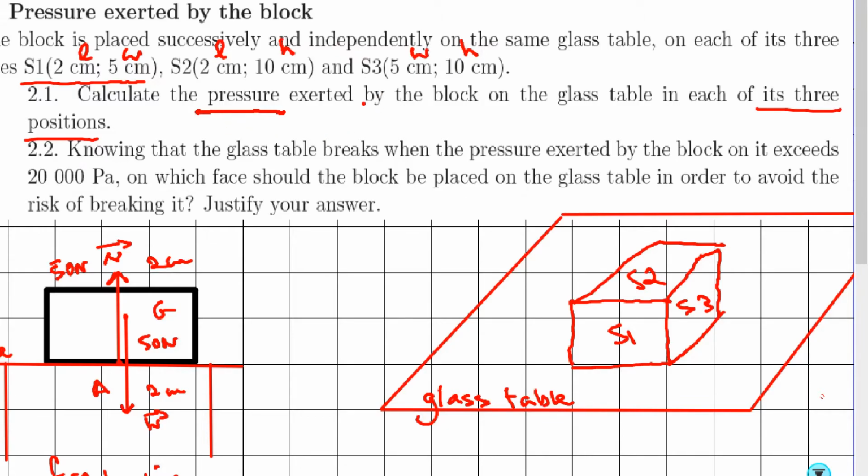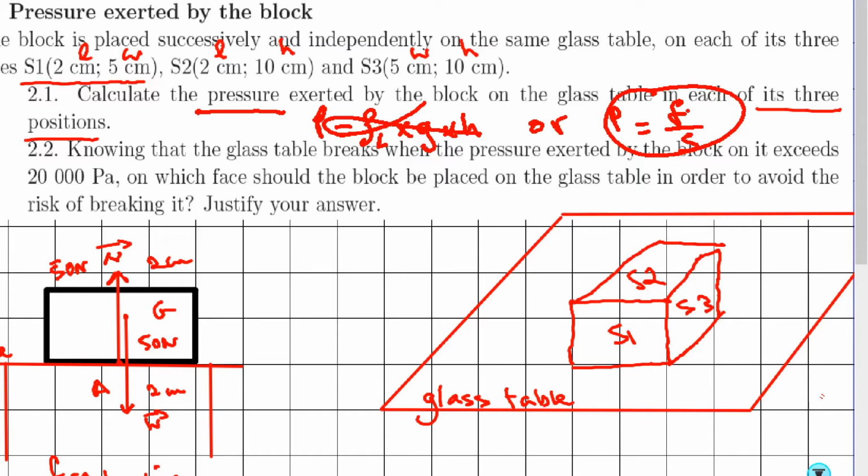Because here we need to calculate the pressure. We know that the pressure can be calculated using two methods, either from the density of the liquid times g times h, or from P equals F divided by S. Here, because we don't have any liquid, we will not use the first method and we are left with this one. In the first part of this exercise, we determined the magnitude of the forces, the normal and the weight. Now I will explain which force we will use.